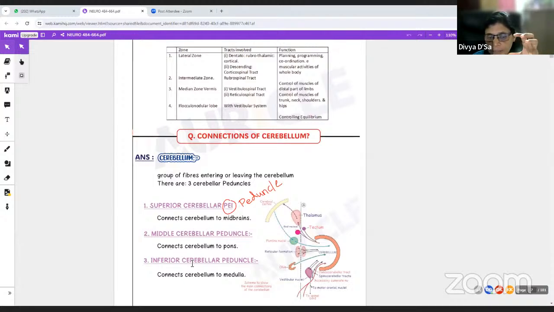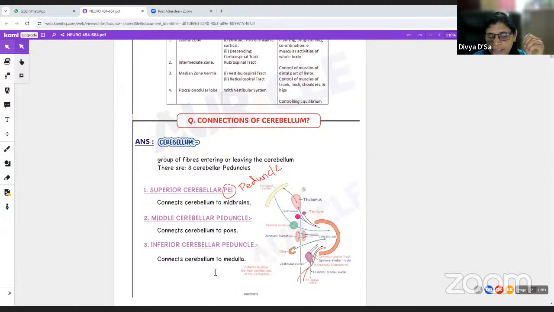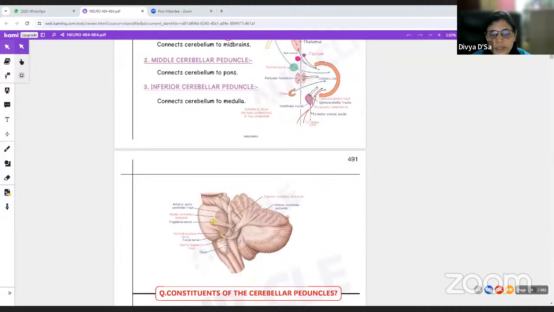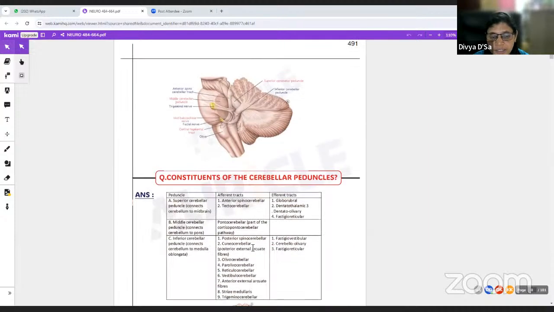Then there is the middle cerebellar peduncle, which connects it to the pons, and the inferior connects it to the medulla oblongata. So through these three peduncles, the afferent and efferent tracts go.